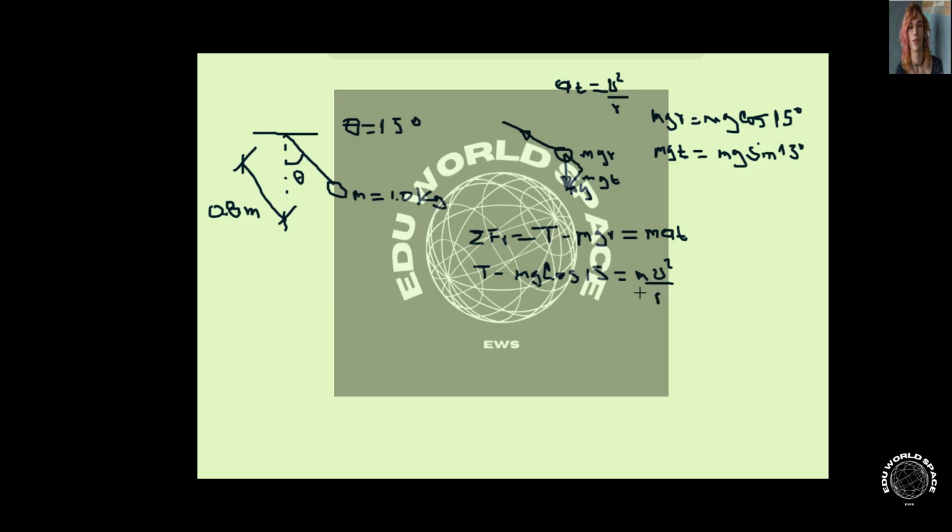So from this expression we can solve for the tension. So tension is going to be equal to m v square over r plus mg cosine 15.